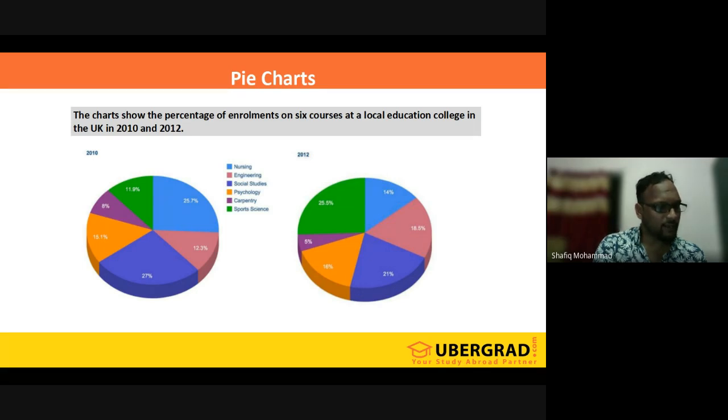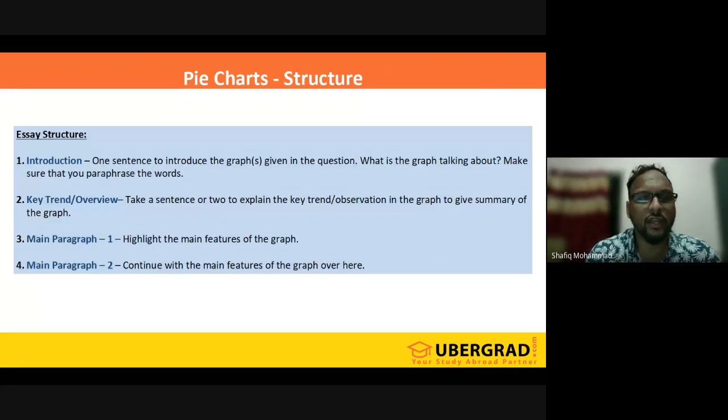Then let's see how the illustration is given for the introduction. After an introduction, like I told you yesterday, we are going to give the overview, explanation paragraph 1 and explanation paragraph 2. Main paragraphs means explanation paragraphs, where you will be highlighting the features of the graph or the pie chart or the illustration.